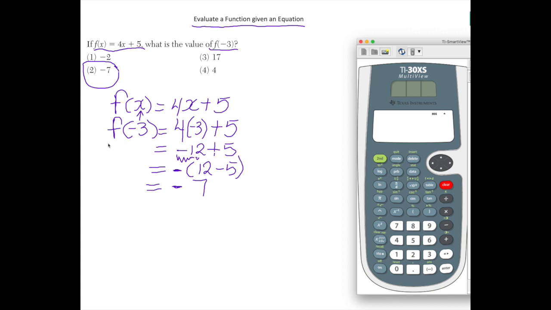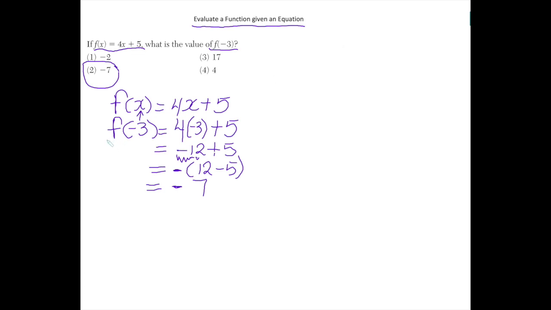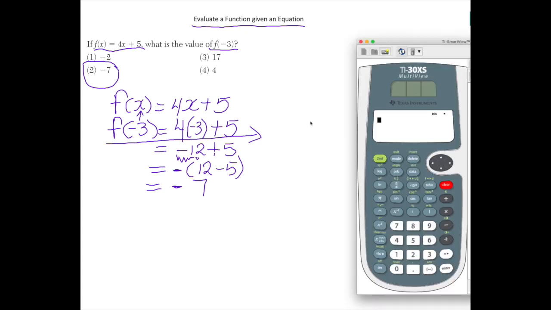Now, if you're going to use your calculator, you would stop right here. And then you take your calculator, and we're going to input this in the calculator just as you wrote it on your scrap paper. So we have 4, open parentheses. Here's your negative.